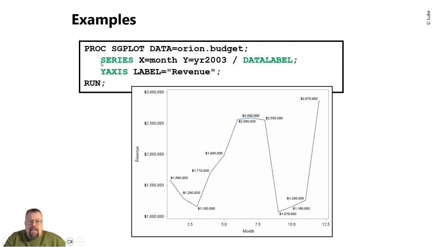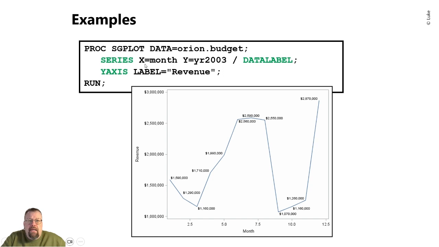Then in the series statement, when we are using a series statement, we are saying that we want to have a line plot. So basically a scatter plot with the points connected to each other using a line.